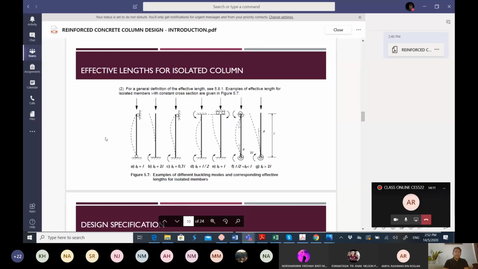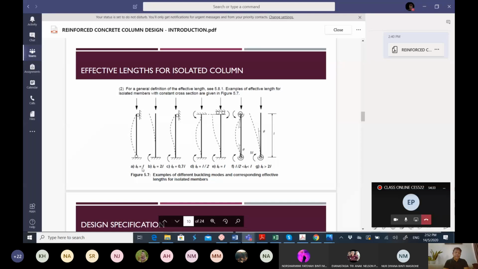Okay, this is how we calculate the effective length for the isolated column. It is shown in your Eurocode. So for a general definition of the effective length, examples of the effective length for an isolated member with constant cross section are given in this figure. Different types of connection will give a different effective length.